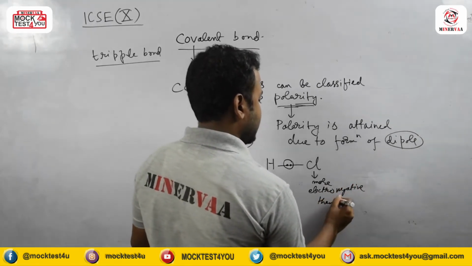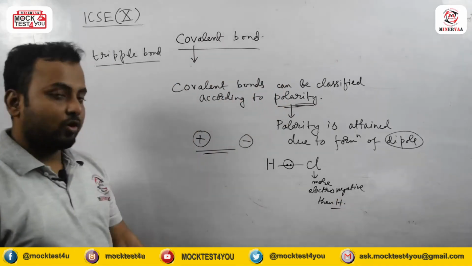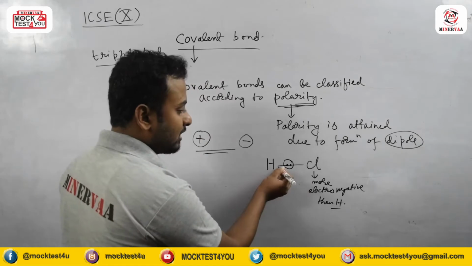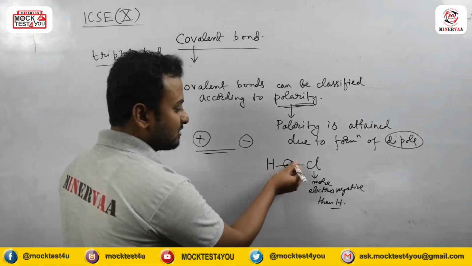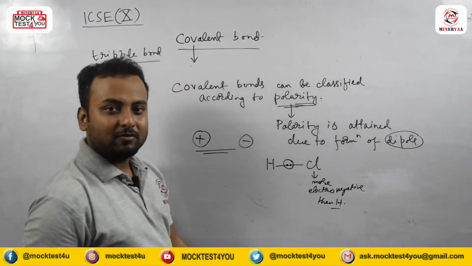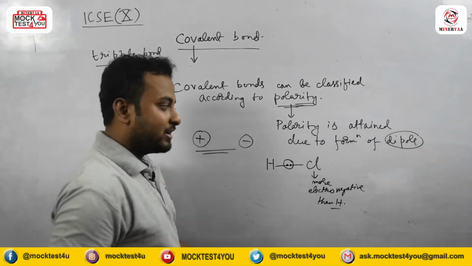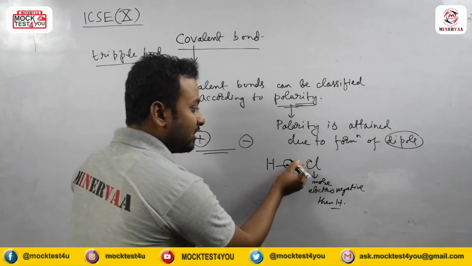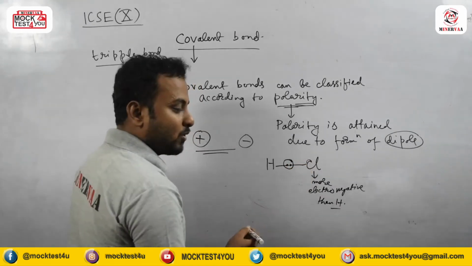Chlorine is more electronegative than hydrogen. So what will it do? It will tell hydrogen, because I am more electronegative, I should get more benefit. No, because a more electronegative atom will attract the electron pair towards itself.